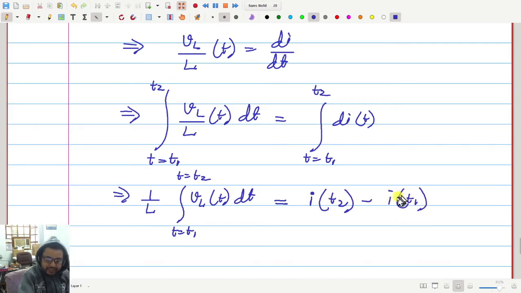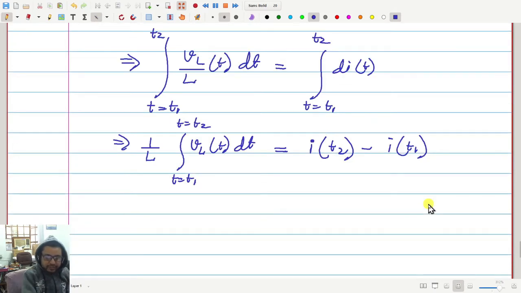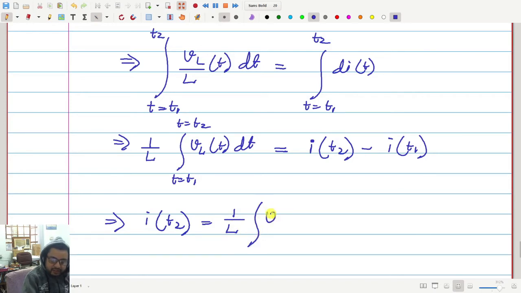Now you bring this quantity to the left side and you will get I at t2 is equal to 1 over L integration. You can also write it here, no problem.